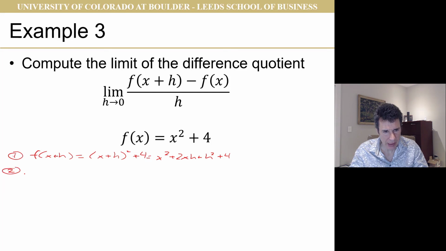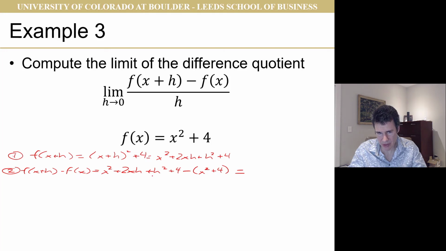Step 2, f of x plus h minus f of x is what we just got, x squared plus 2xh plus h squared plus 4 minus, I'm just going to be careful with my parentheses, x squared plus 4, that's f of x. And if you notice, all of the terms without an h have just canceled out.